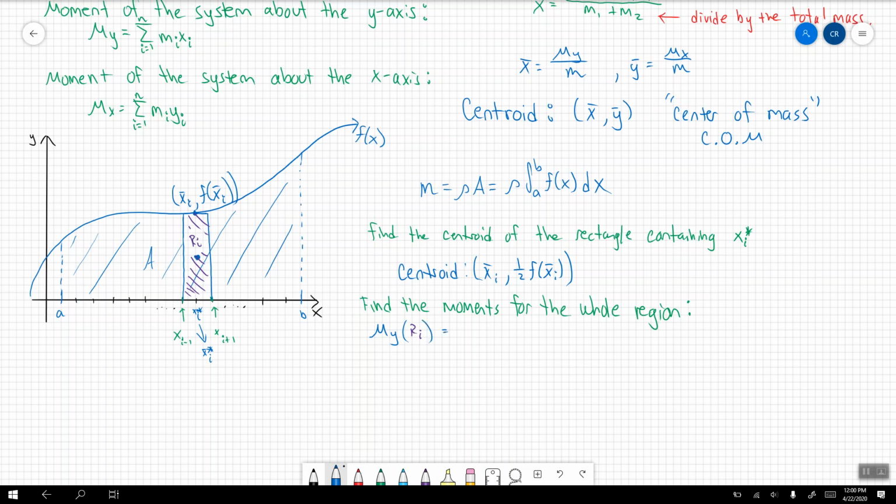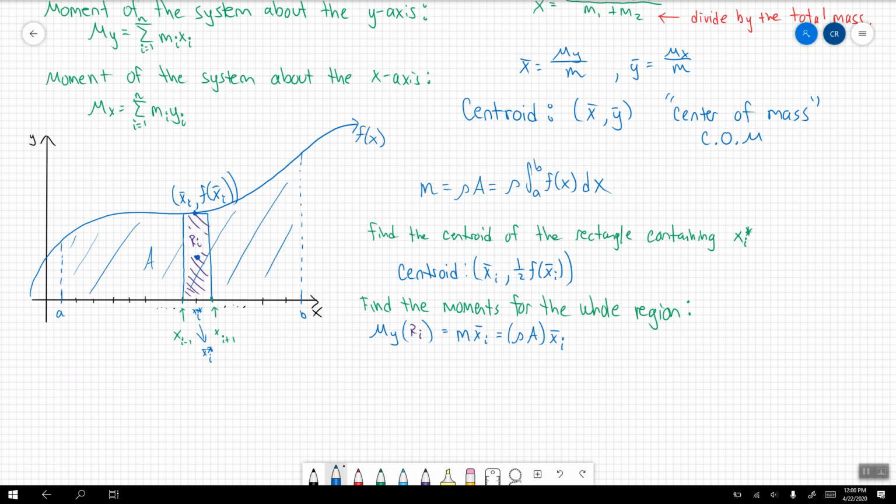Now remember, all the moments we're looking at are just the mass of that object multiplied by all of the x movements for the midpoints. Mass is actually defined right up here, so we already know what mass is. It's just going to be rho times A, multiplied by x bar sub i.